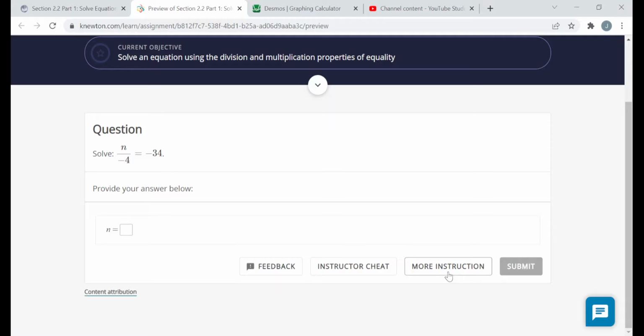You'll be taken to a page with some further reading or videos or both on that objective, and then you'll be given questions related to that instruction, and doing those questions correctly can progress you through the assignment. And you can work through the entire assignment in the more instruction area if you wish. Just keep on hitting more instruction. Nothing wrong with that.